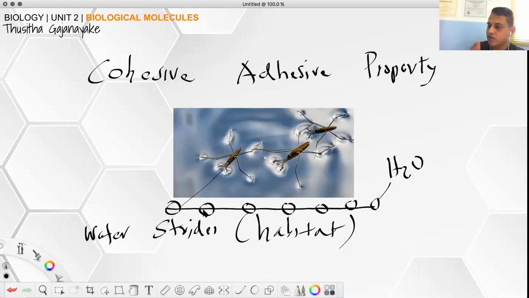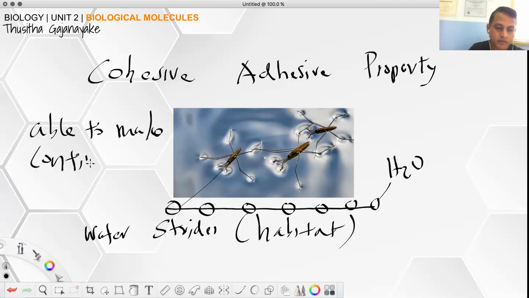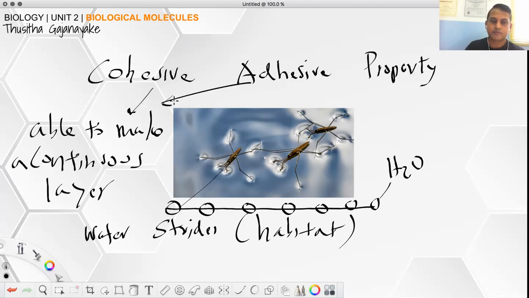We will better learn this in the plant section, how it is important, right? So the cohesive and adhesive property is able to make a continuous layer.